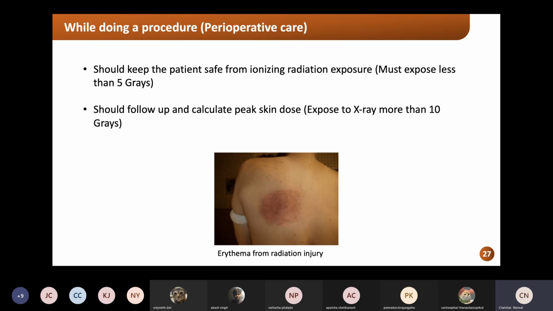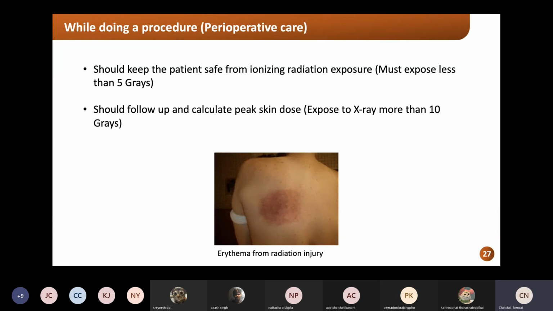And like on the first day in this course, the lecturer already told us about ALARA, that ALARA is like the guideline to protect us from radiation exposure, like keeping a long distance, or protecting by wearing the lead apron or shield, and using less radiation exposure, something like that.